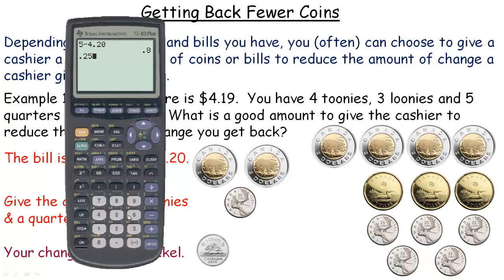You would take 3 quarters, which makes 75 cents, and another 5 cents to make the 80. So in that case, if you gave them 2 toonies and a loonie, you'd be getting 3 quarters and a nickel back, which is certainly more change than just a nickel.